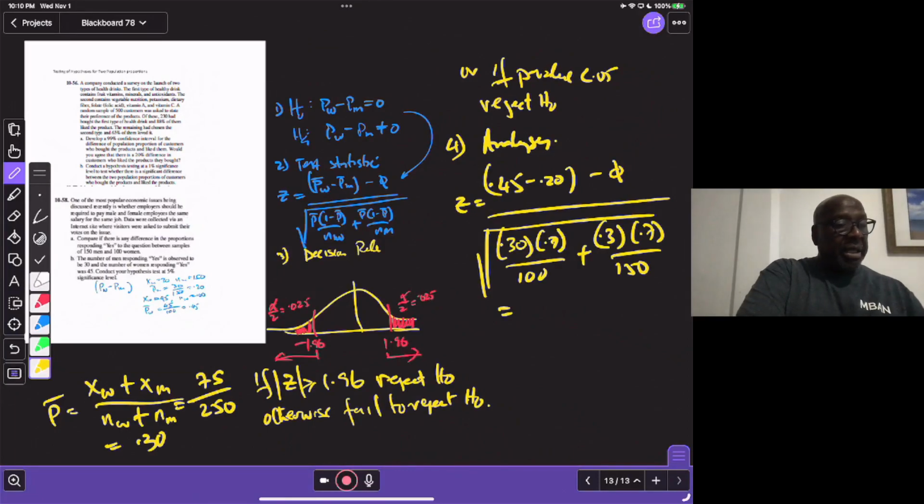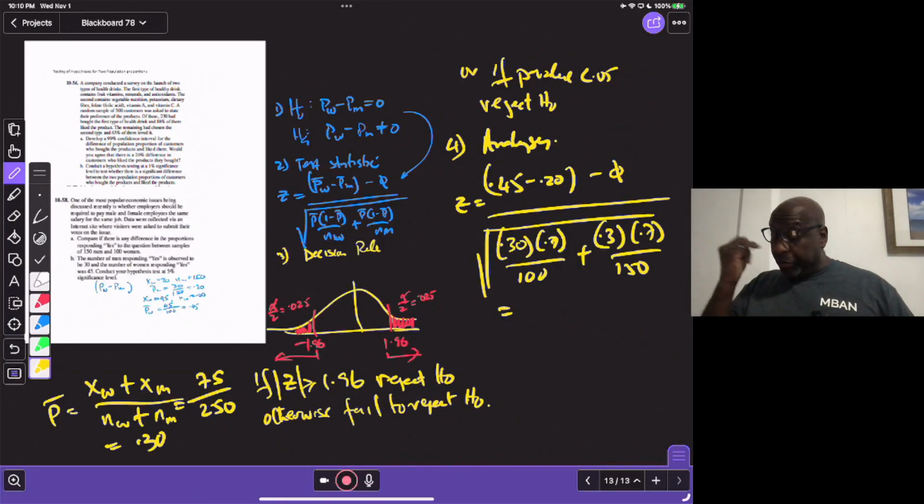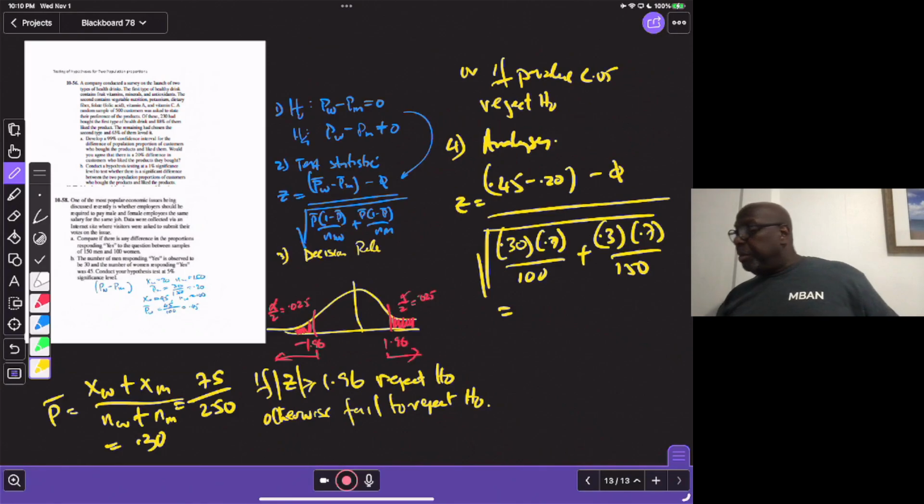Let's find what that is. Calculating this in real time now. The numerator is going to be 0.25.